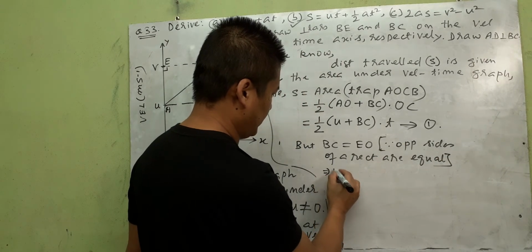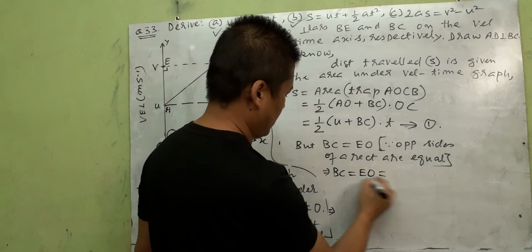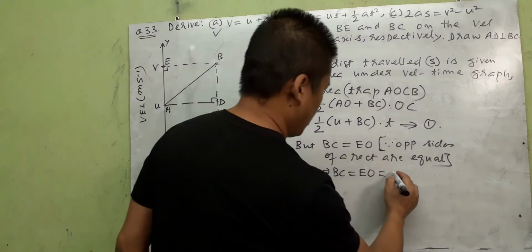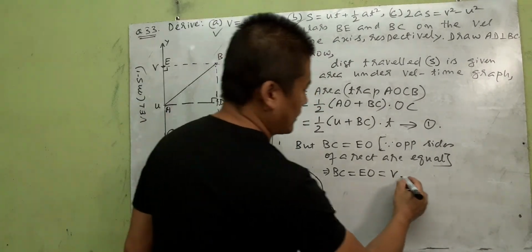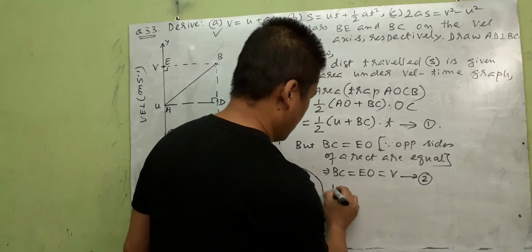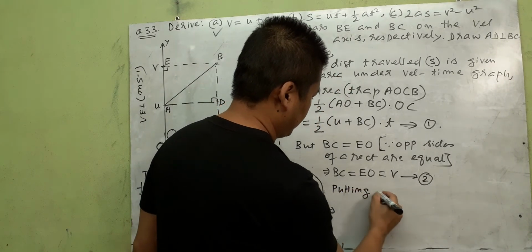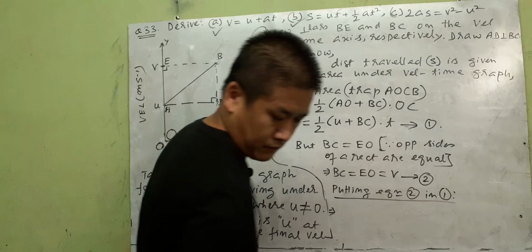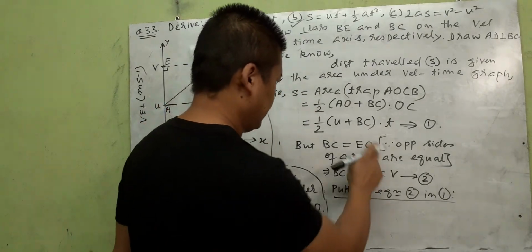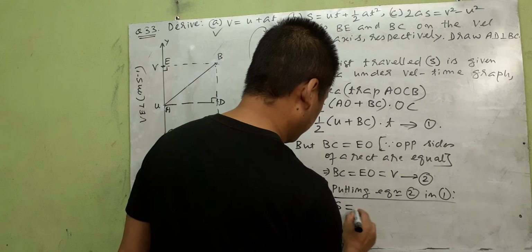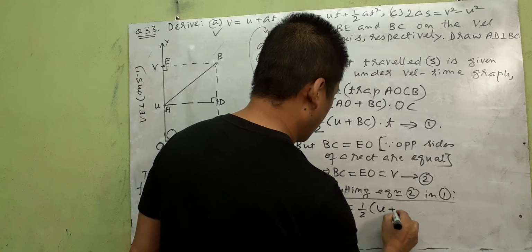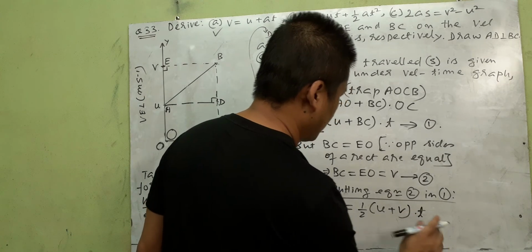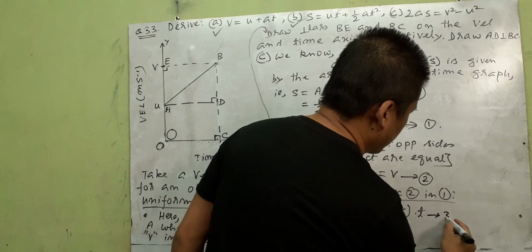So that gives you BC equal to EO, equal to this value V. So write your V. Let us put this as equation 2. Putting equation 2 value in 1, we get S equal to half into U plus V into T. Let us put this as equation number 3.